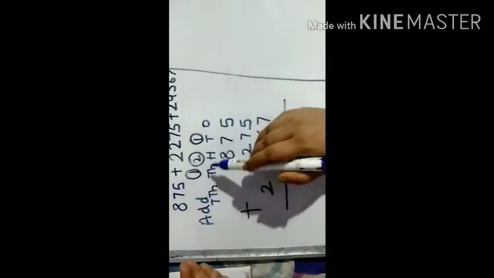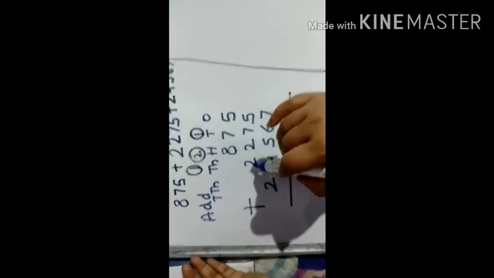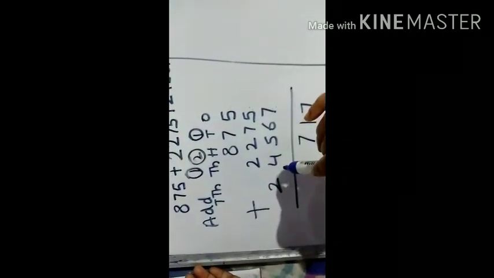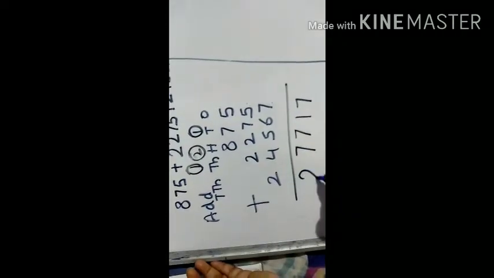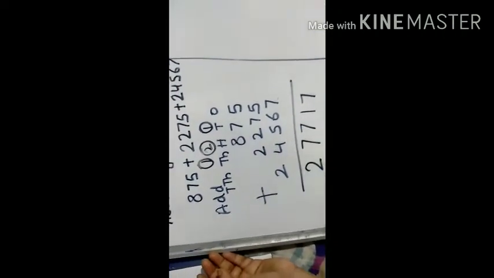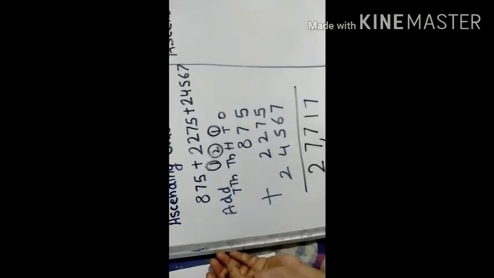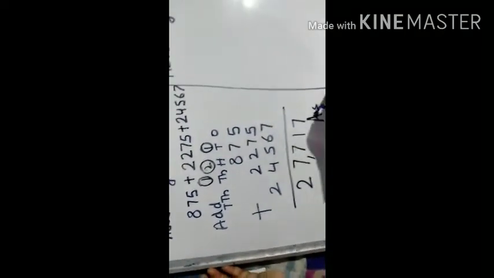Carry 1. 1 plus 2 is 3. 3 plus 4 is 7. And 2. So what is the answer? 27,717 is the answer. Note down the answer fast.